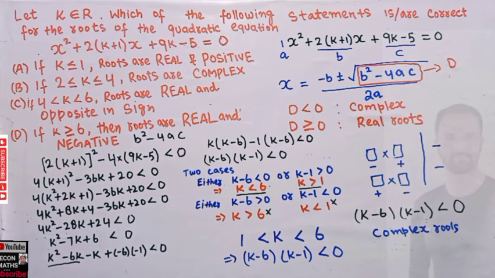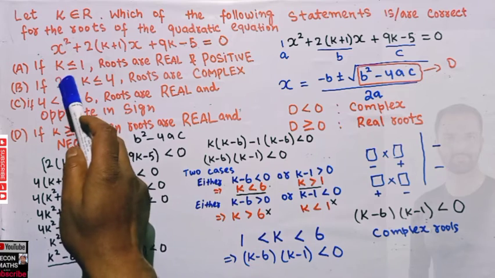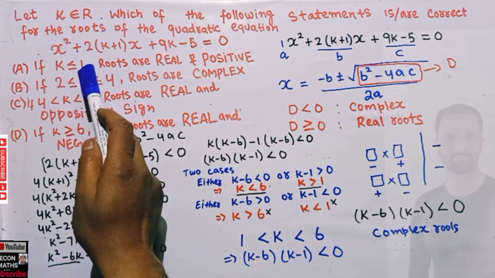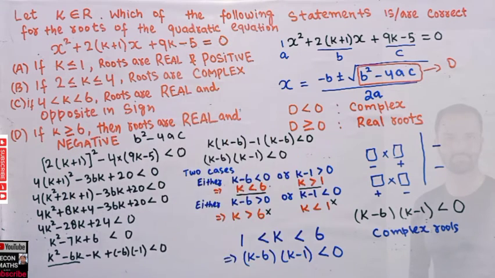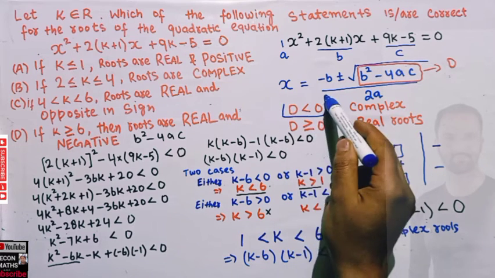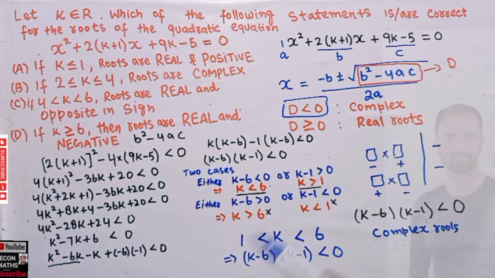Okay, now let's concentrate on the options. Can we figure out any option here? So k less or equal to 1, roots are real and positive. We cannot say anything because we have only solved for complex roots, and we will see for real roots also.